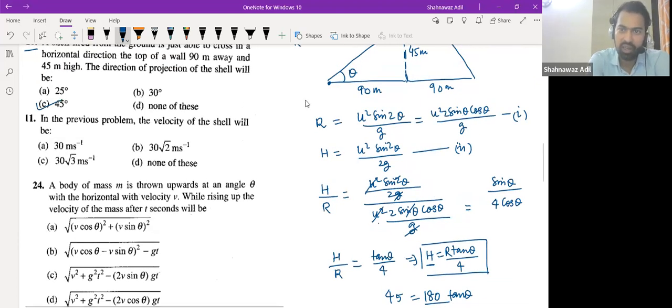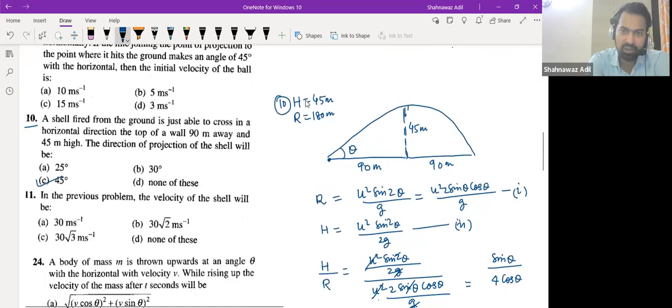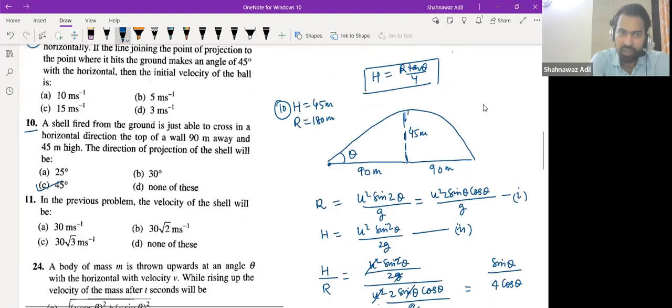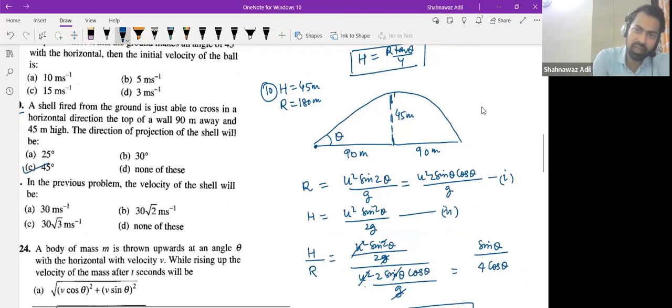Right, so this would be the answer. Understood, everyone? Any doubt? No, sir. Okay, so this is a very important relation, that H equals R tan theta by 4. It relates this height, this range, and this angle, so please remember this also. Please note it down, and if you have any question, please ask me.